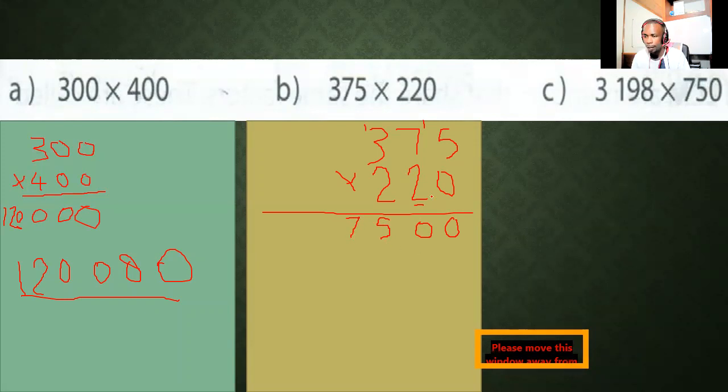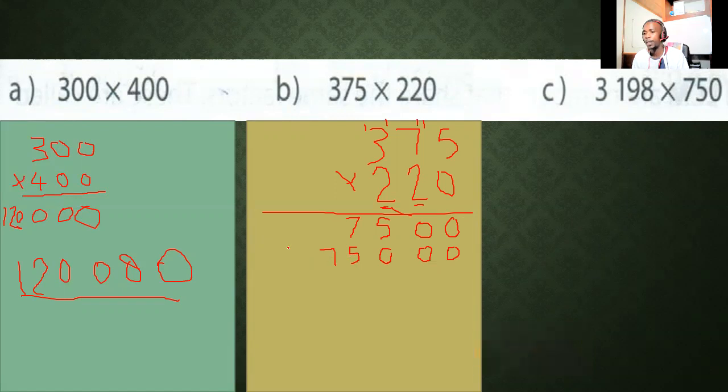Good. Now we are using the other 2, which is 200. So we put 2 placeholders. Then let's multiply. 2 times 5, 10. We put a 0, carry 1. 2 times 7, 14 plus 1, 15. 5, carry 1. 2 times 3, 6 plus 1, 7.